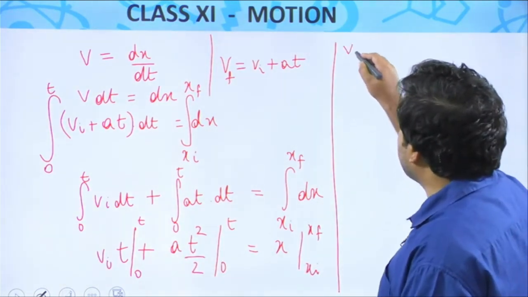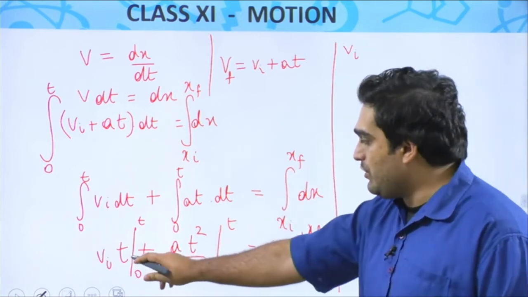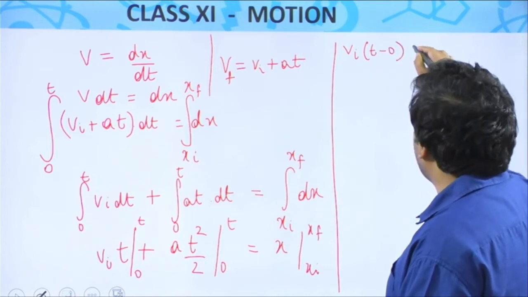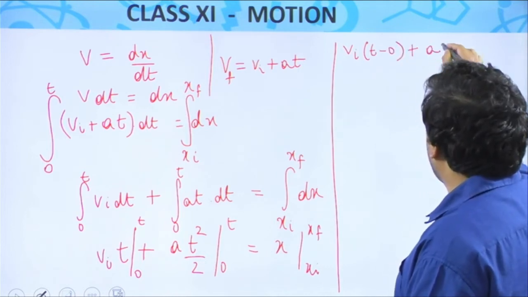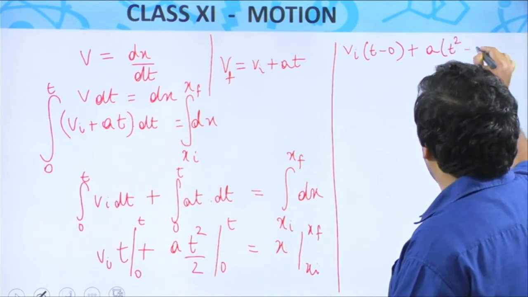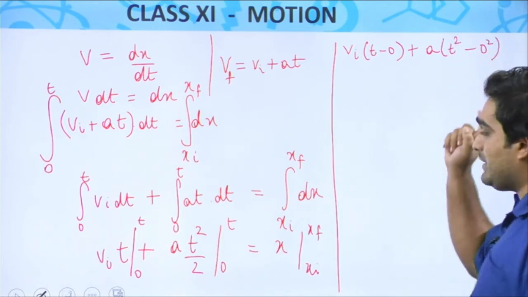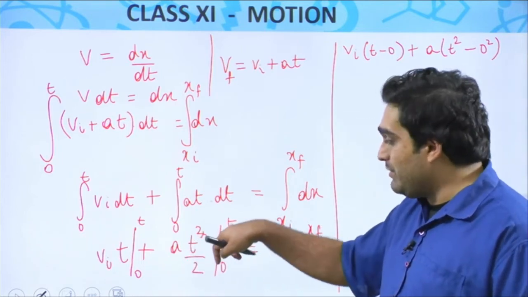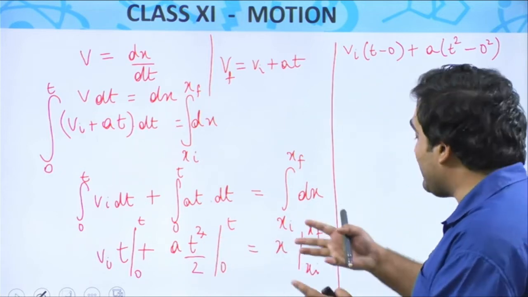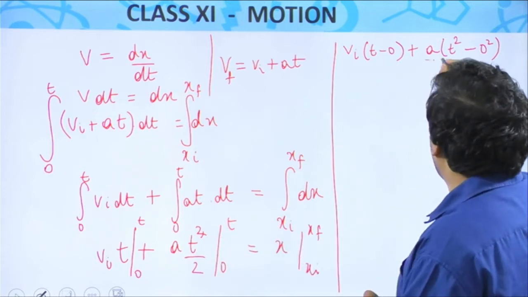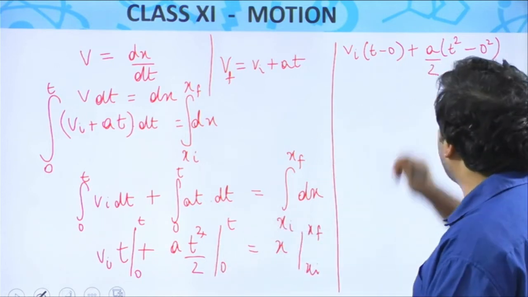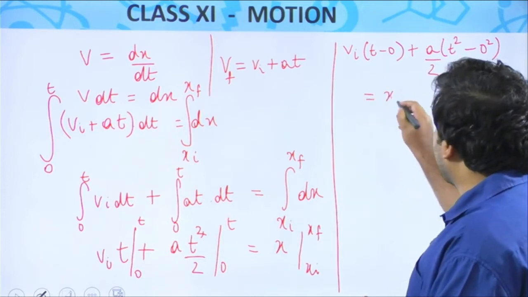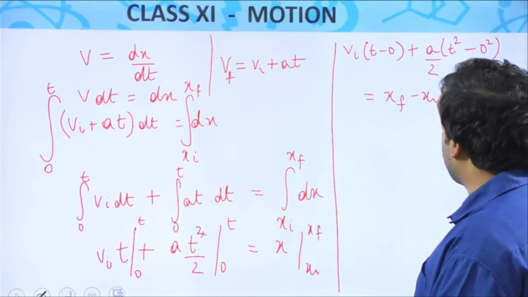Upper limit minus the lower limit. So vi times (t minus 0) plus a times (t square minus 0 square). Why is it t square? It's because the expression itself is t square, and when you apply the limit you need to square that limit, the upper limit and the lower limit, and then the common term, which is 2, which is equal to xf minus xi.